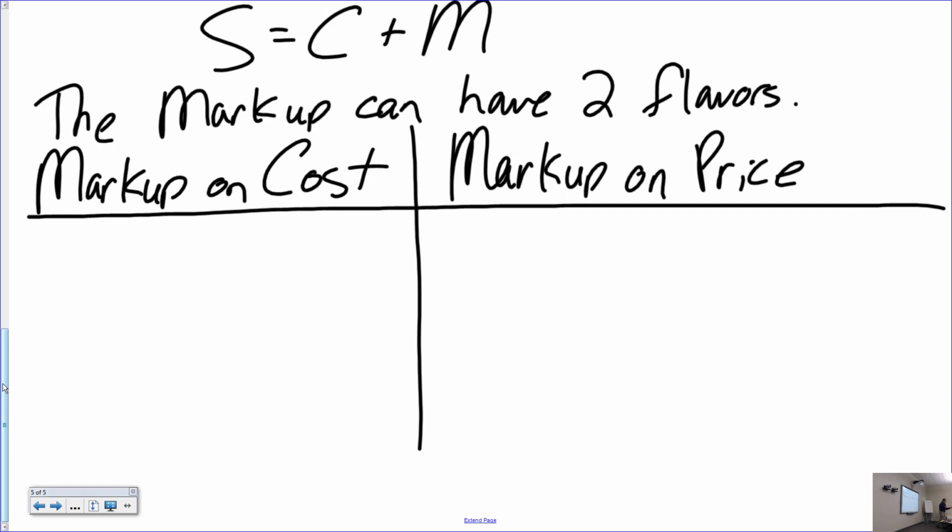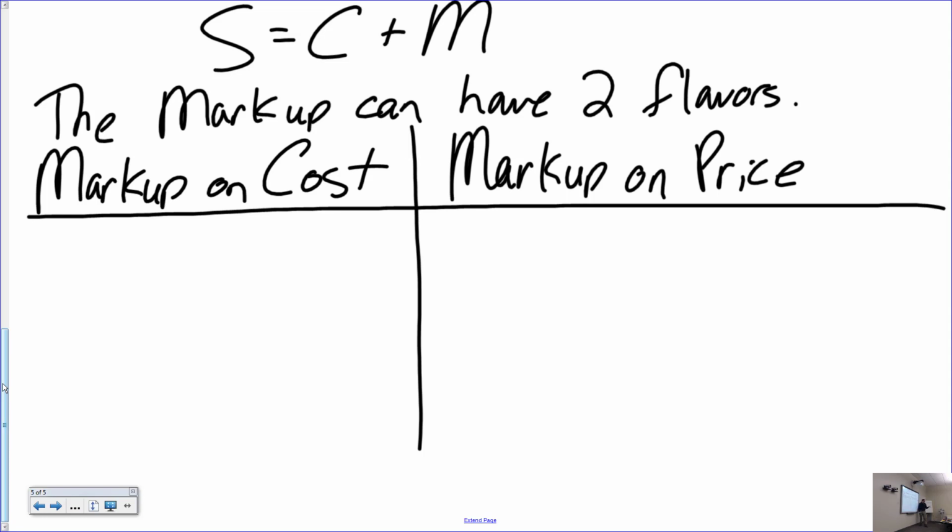Now, let's work on that same example. If I bought something for $1 and I'm selling it for $2, that's not an increase by percent, it's an increase by $1. But what is the percentage markup as a percent of cost? It's 100%. But, folks, what am I selling that item for? 2 times the amount. 2, right? How much did I mark it up? 1. 1 is what percent of 2? 50.